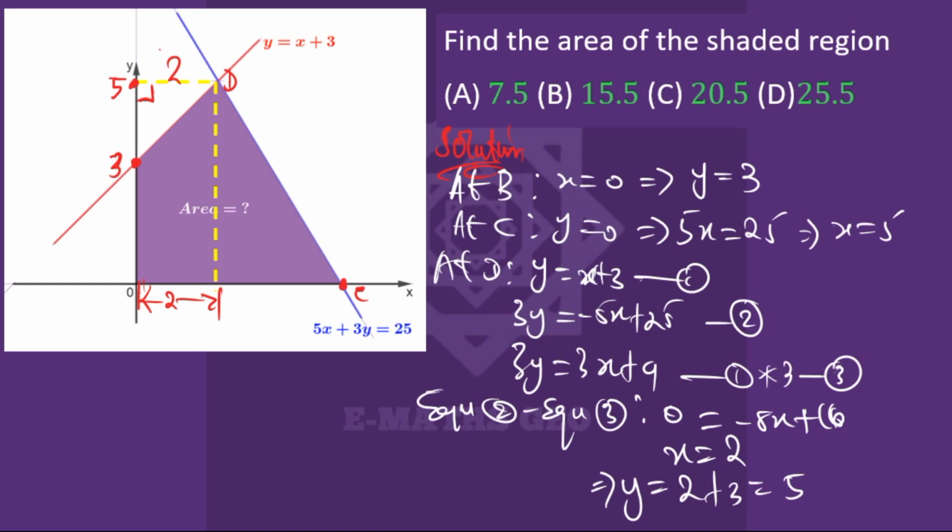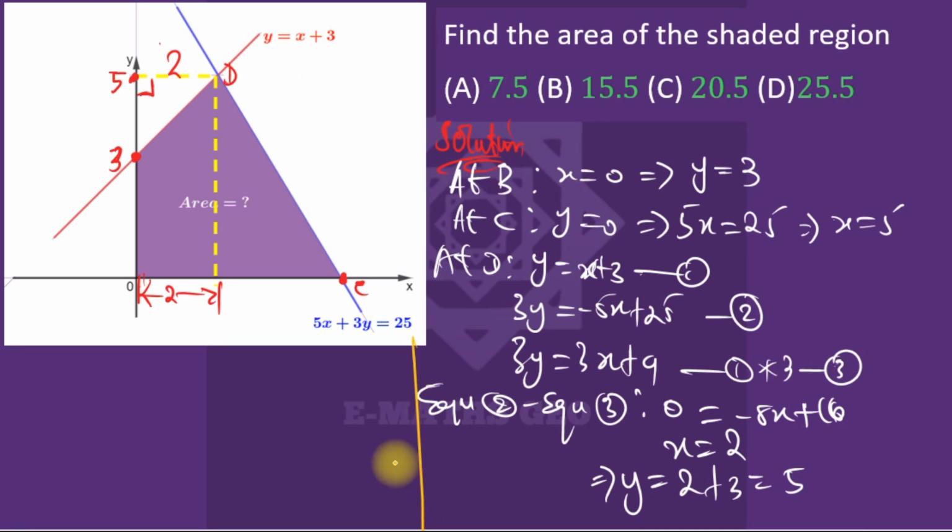So let's get the area now, the area we are looking for. Therefore, area shaded is equal to area of trapezium minus area of triangle. So the area of this bigger trapezium minus area of this triangle, that gives what we are looking for.